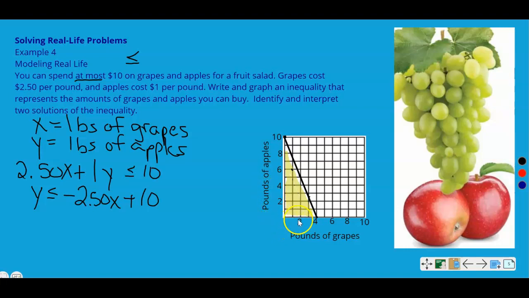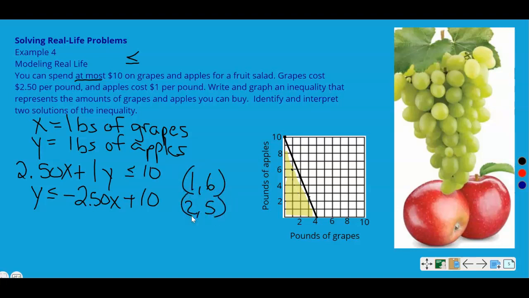Another solution, we could go here on the boundary line. Because it's a solid line, that means the points on the boundary line are included. So we could have 2 pounds of grapes and 5 pounds of apples. All right, so that would be two solutions that we could use. So 1, 6 and 2, 5.